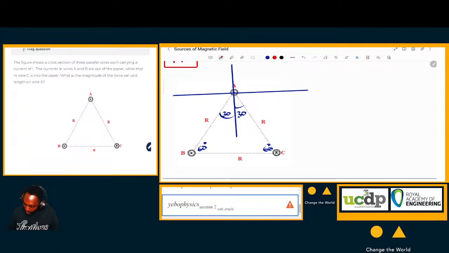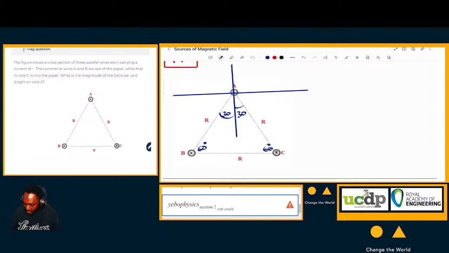Right, before we go that far anyway, let's determine the forces that are going to act on A due to B. Due to B, we see that the direction is going out of the page for both A and B. Which means that these two conductors are parallel and are carrying a current outward, which means that there's going to be an attraction.